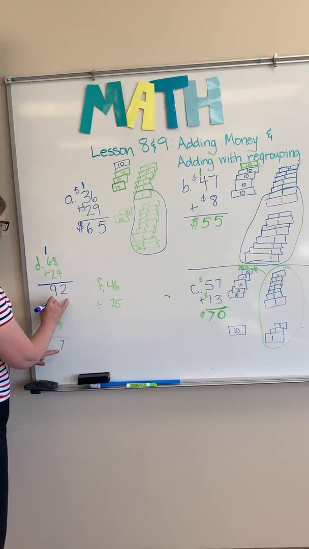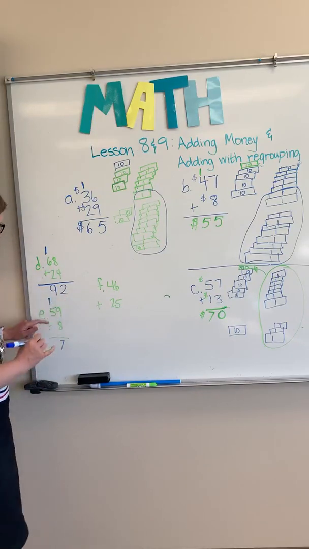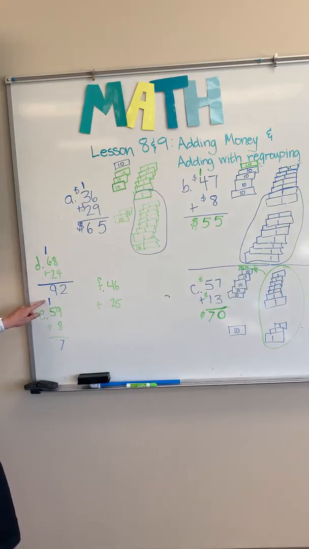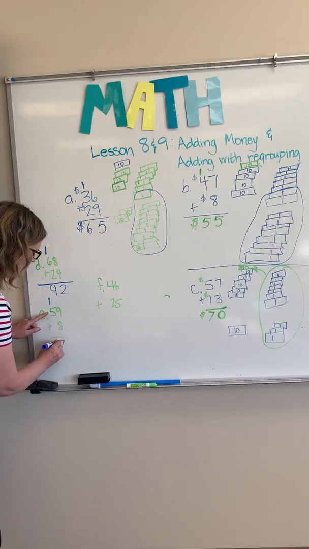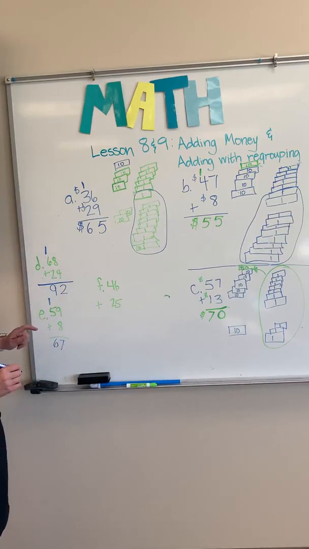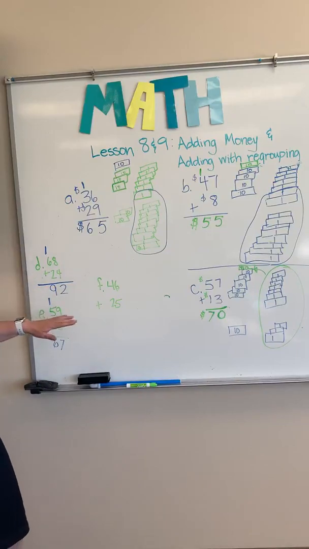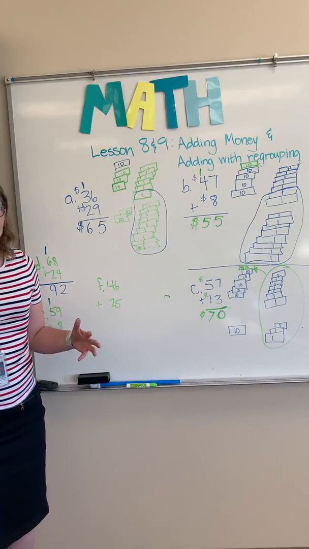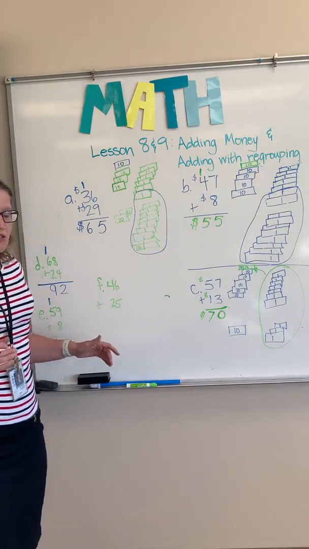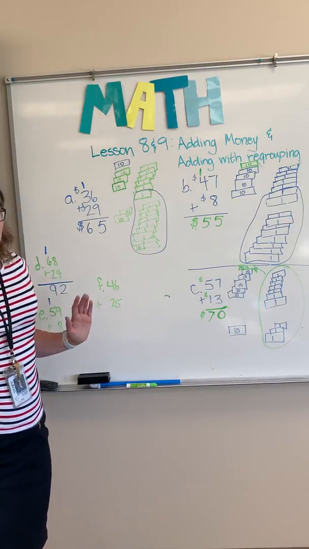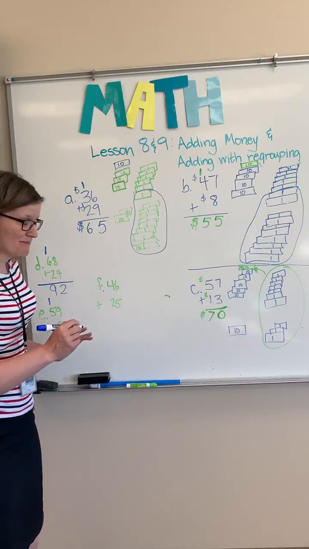The 1 from 17 I put in the tens column above, and I add 1 plus 5, which gives you 67. How's it going? If there's anything that you're not sure about, pause, rewind, and try it again, okay?